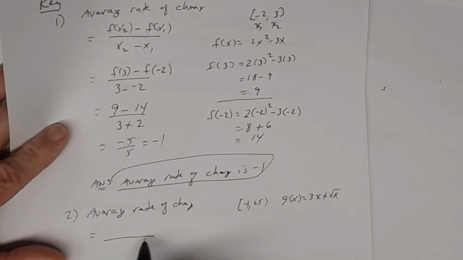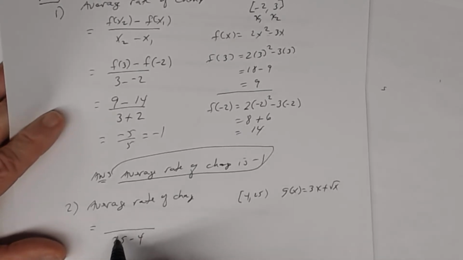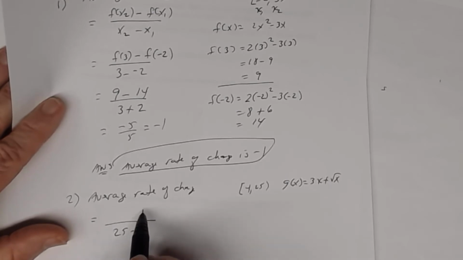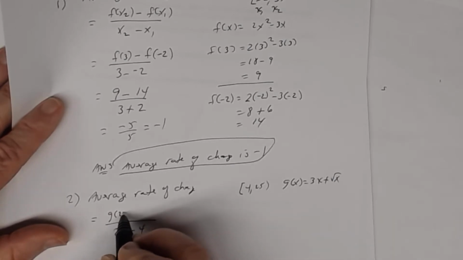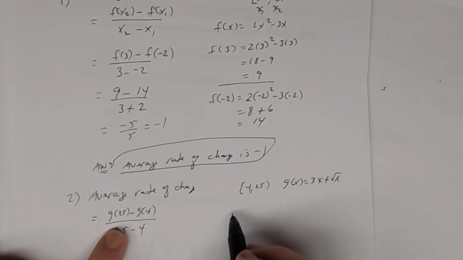So the denominator will be 25 minus 4, and in the numerator you need the y value that corresponds to x equal 25 and the y value that corresponds to 4. So it'll be g of 25 minus g of 4. We just have to go on the side and figure out what g of 25 is.